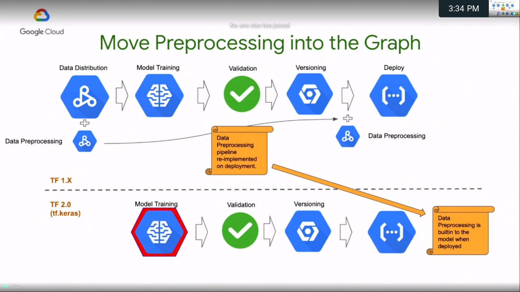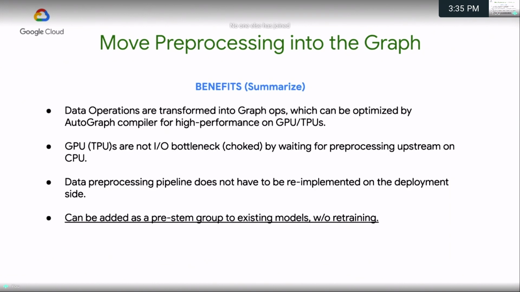Under the new version, by building this right into the model, it's already there in the model when we deploy it. We don't have to re-implement it in our production pipeline. So all that preprocessing is transformed to graph operations, and there's a program built into TensorFlow 2.0 called Autograph. It's a compiler.